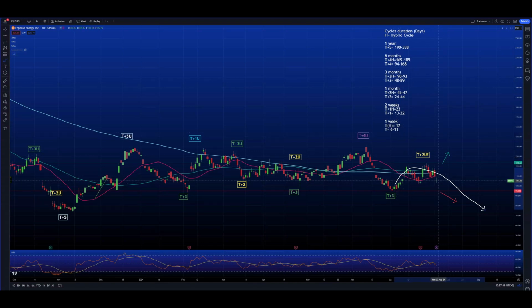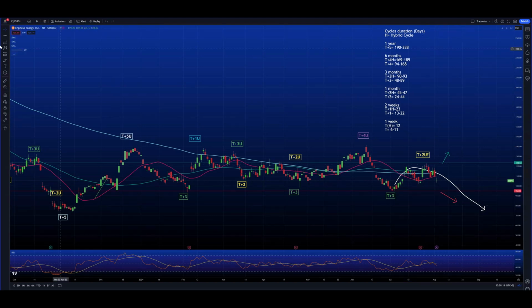So we need to basically see in the next days where the price will go. So if the price in the next days or weeks will go lower to this point, we will need to calculate how many days will this T plus 3 have, so that we will calculate for how many days again we will have a downtrend.